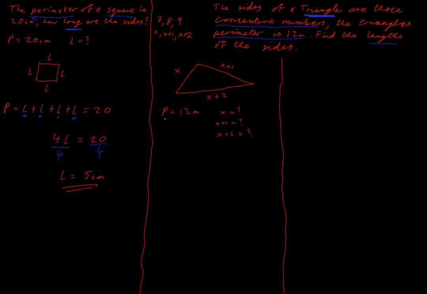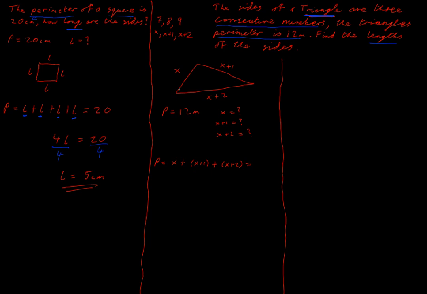Well, I know the perimeter is when I add up all 3 lengths. And I've figured out a way to write my 3 lengths. So the perimeter is going to be x plus (x plus 1) plus (x plus 2). Now I've put these in brackets, you don't have to. It's just to show you that this is this side length plus this side length plus this side length.